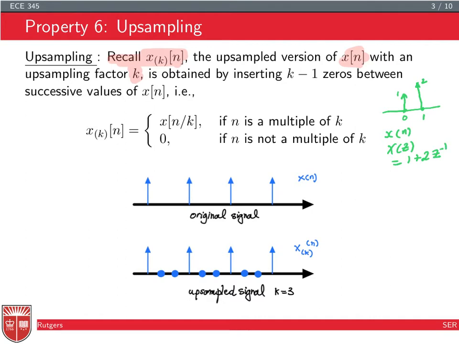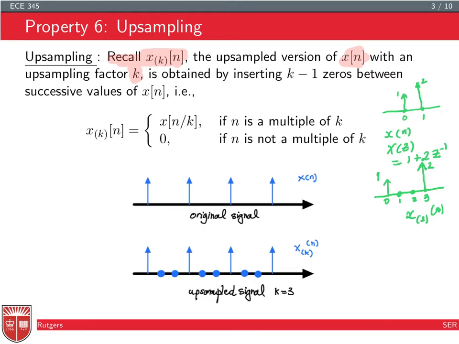Now, if I pick the upsampled signal with k equal to 2, I'm going to have 1 at 0, 0 at 1, 0 at 2, and then at 3, I would have 2 here. So this is x2 of n. Again, I'm following the notation x2 of n, meaning I'm upsampling with an upsampling factor 2.